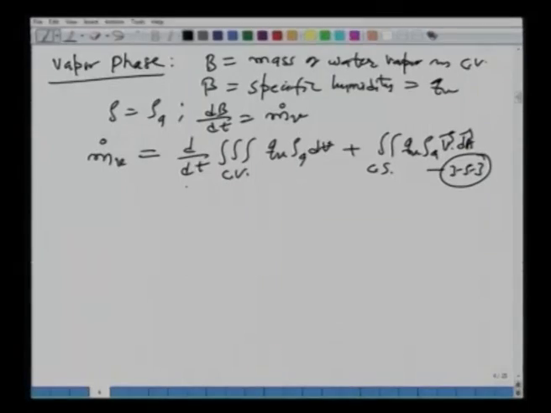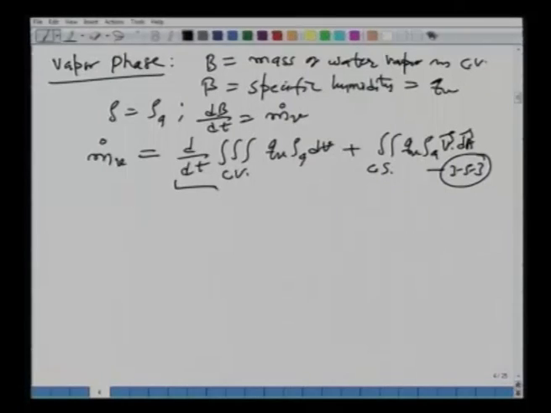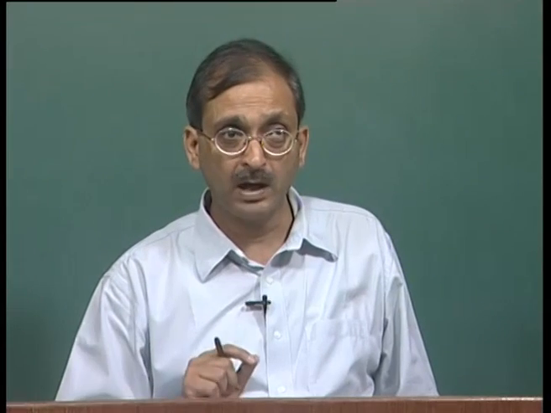Let us see. Physically, the important thing is we have to understand our physical process. What is actually in nature we are trying to model, and what are the extensive properties, what are your equations, which term is representing what, and then we should be able to see that. So, let us see the first one. First term of this equation 3.5.3 represents what? Physically it is time rate of change of extensive property, that is mass of the vapor.